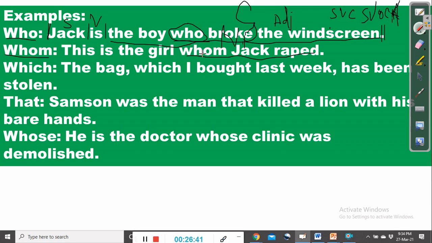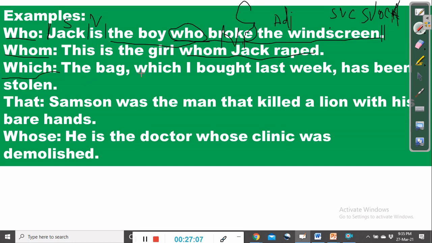And here in this second one, whom Jack raped is not telling us about the doer of the action, but the receiver of the action, the victim of the offense committed. This is the girl whom Jack raped. All right. So now let's look at the next one using the relative pronoun which.